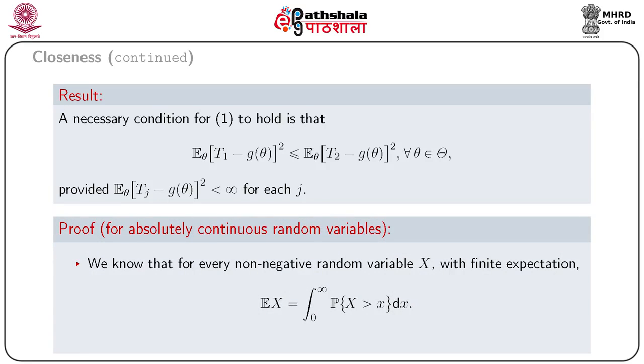To prove the result, let us consider the following lemma. For any non-negative continuous random variable x whose expectation exists, expectation of x equals integral 0 to infinity probability capital X greater than small x dx.